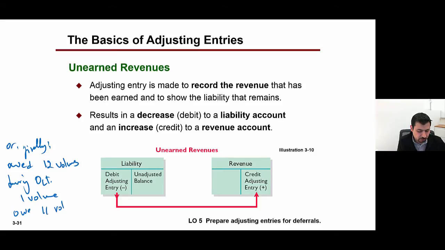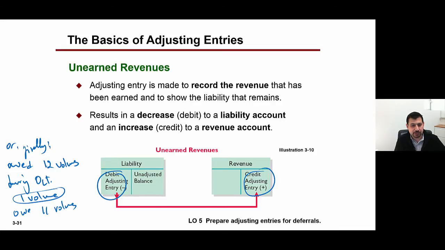So what happened to the liability account? The liability account has decreased, and when liabilities decrease, we debit them. At the same time, they earned this 1 volume, so their revenues increased, and this is why the company credits the revenue account. So we credit revenue and we debit the liability.